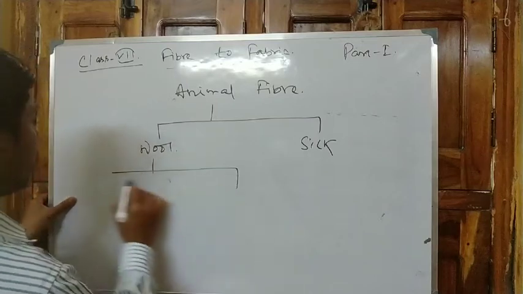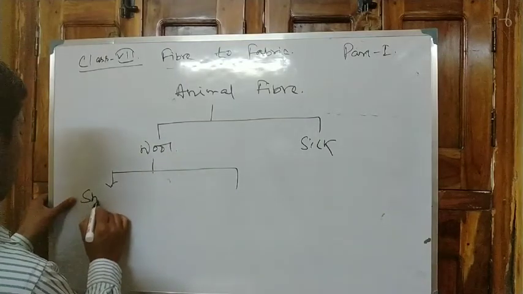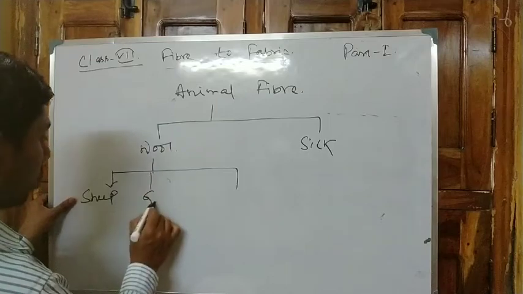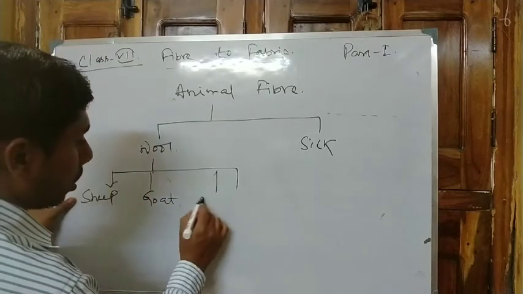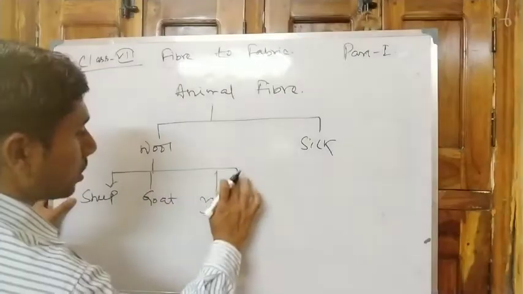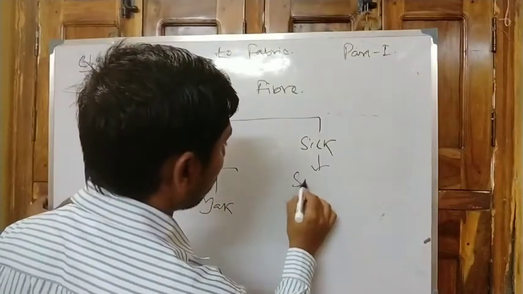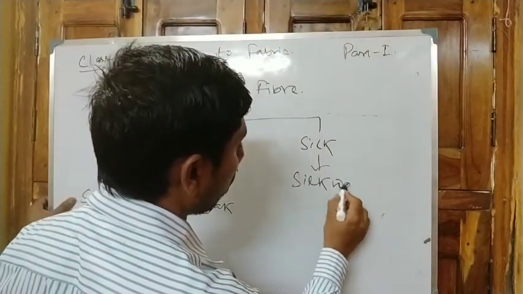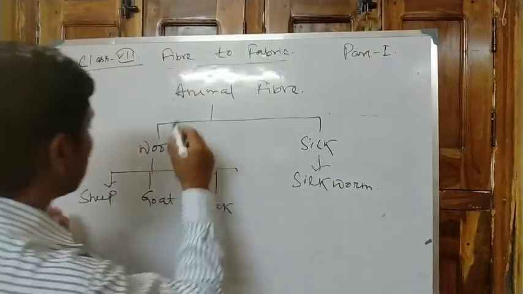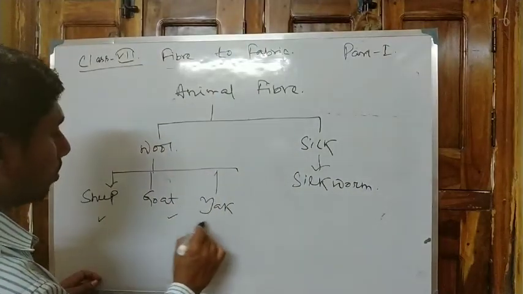Now wool we get from different animals, that is sheep, goat, yak, etc., and silk from silkworm. So these are the sources of animal fiber.